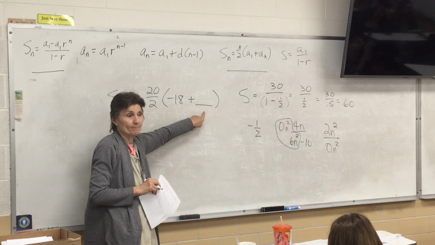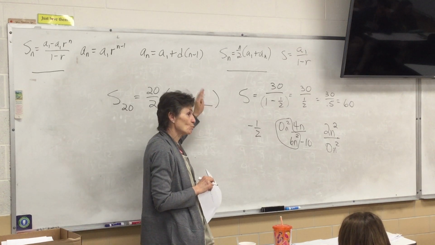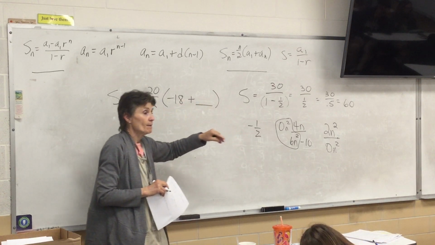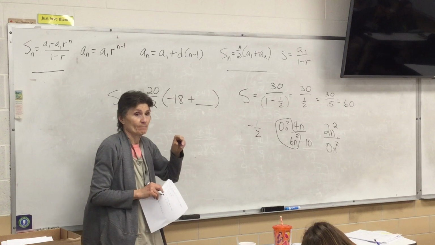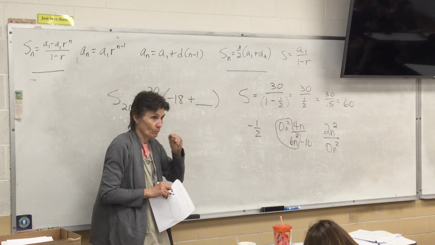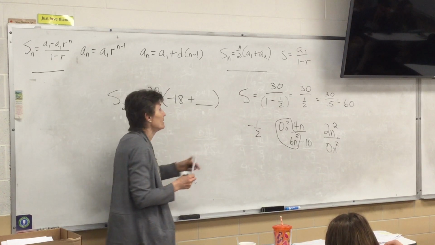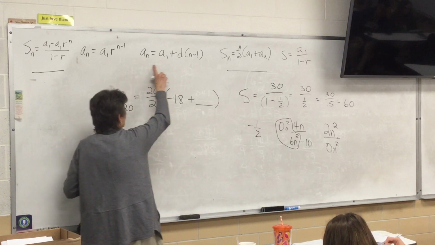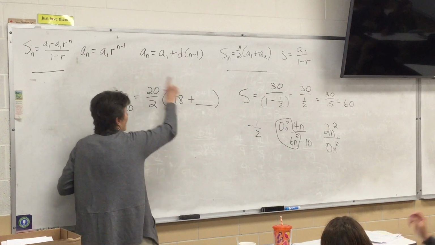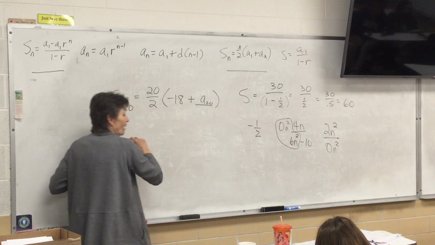Do I know it? No. What do I do when I'm trying to use a formula, but I don't have a number that I need? I go back to the other formulas. Remember, we did this last time. So the other formula is right here. I need a sub 20. That's what I need to find.